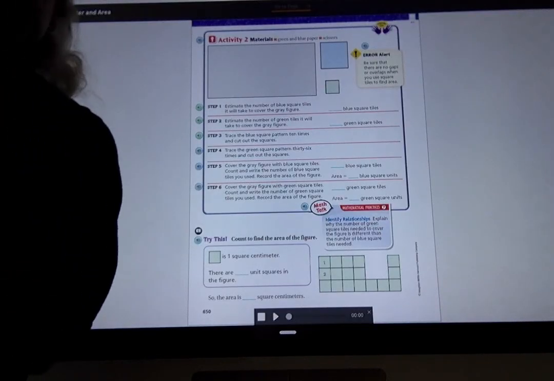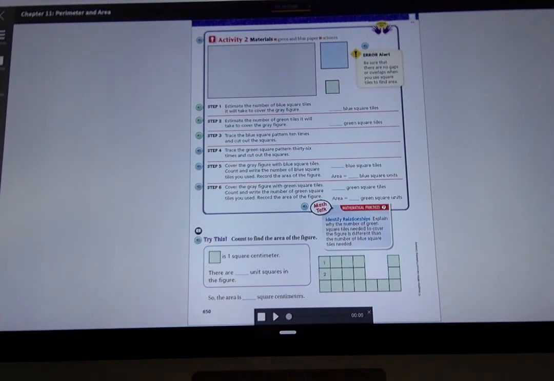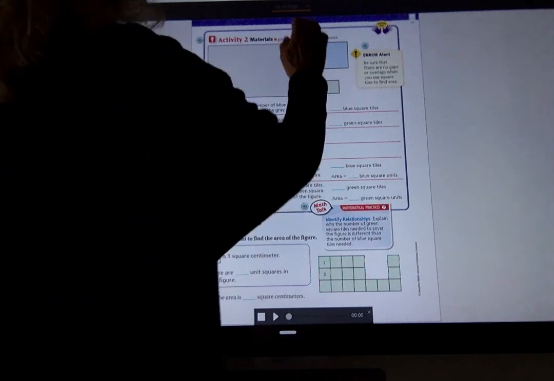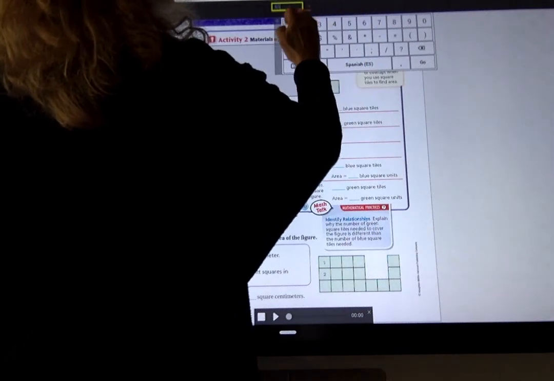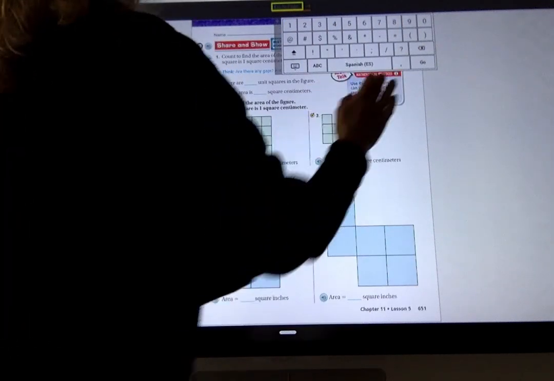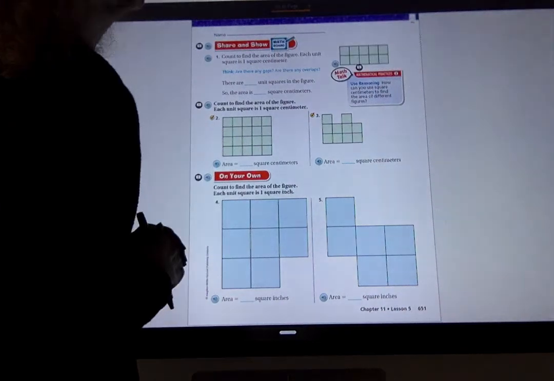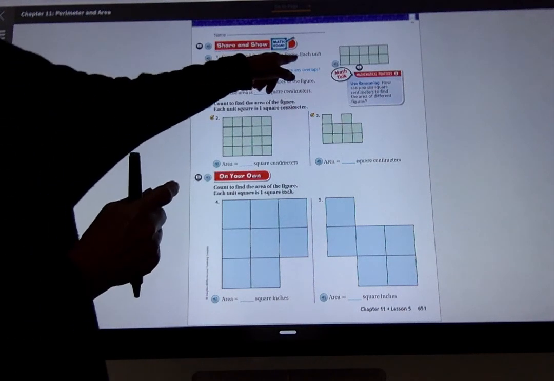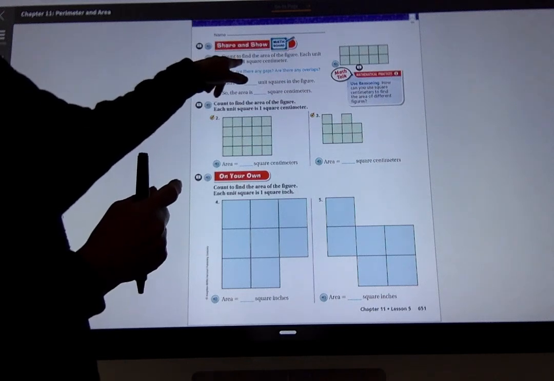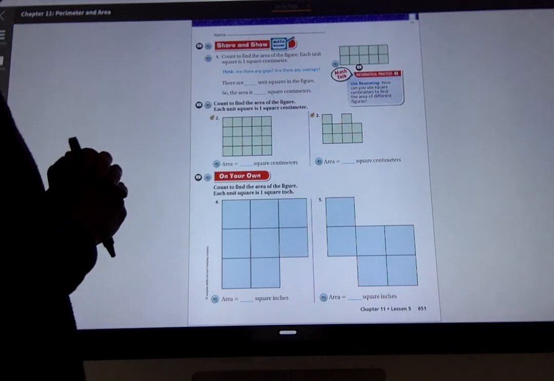Now we're going to go to our page 651. Here it says, count to find the area of the figure. Each unit square is 1 square centimeter.